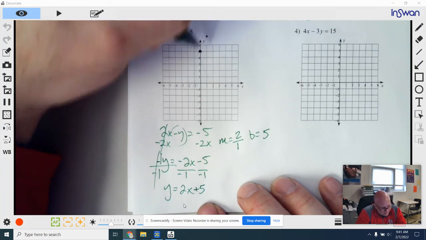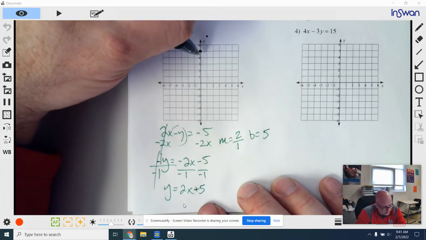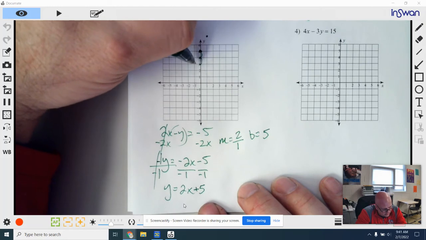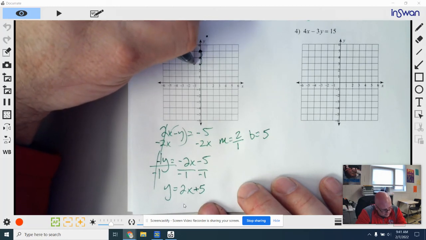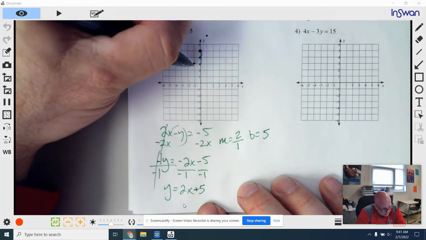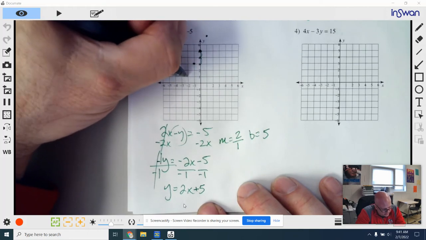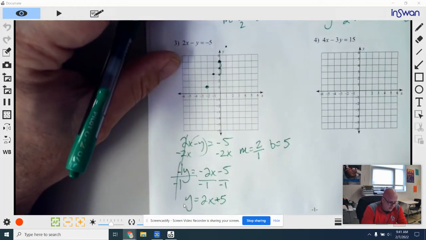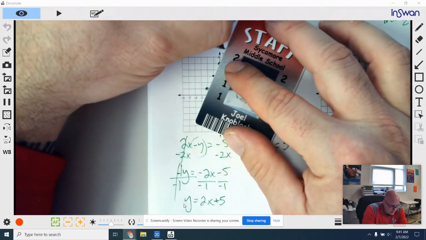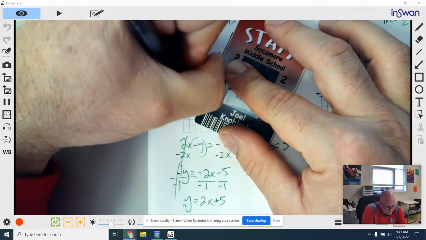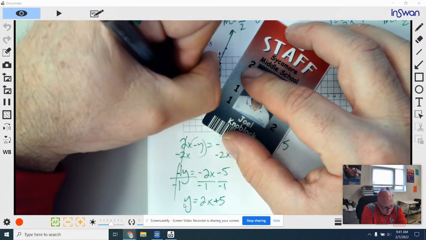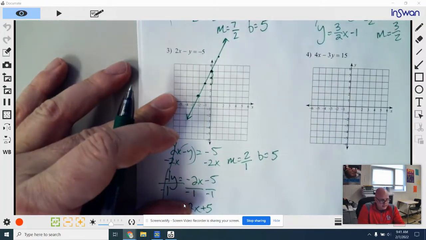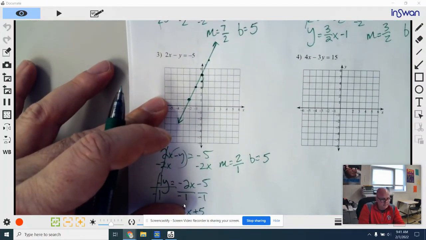So remember, if we're going off the graph, we can go the opposite way. So instead of going up 2, I can fall 2 and then run to the left 1. And then I can repeat that to get my third point. So fall 2 to the left 1. Remember, there should be a positive slope, so our line is going up in a positive fashion. Make your line nice and big, put your arrows on the ends, and that's the end of that one.